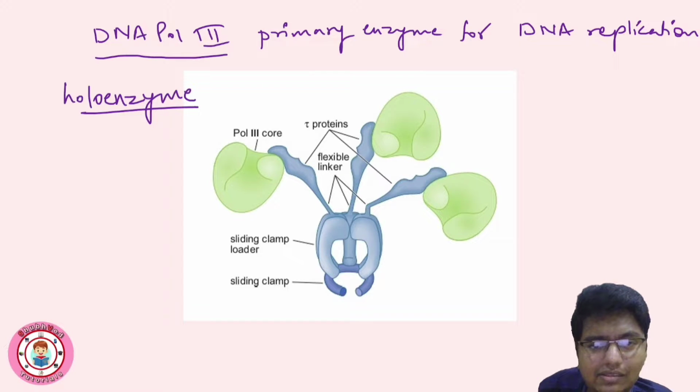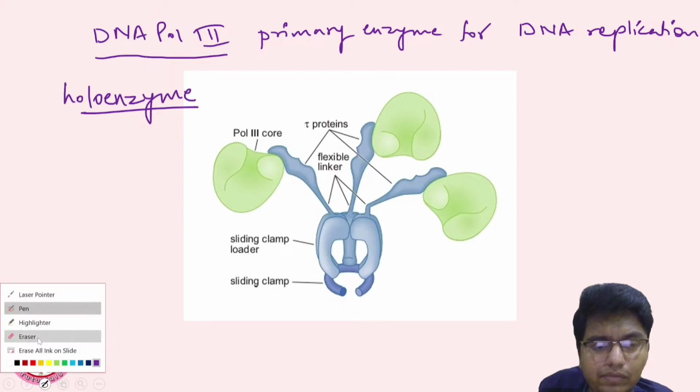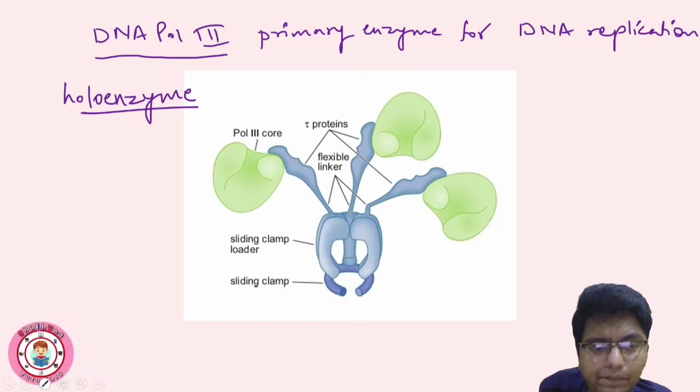This is the structure of a DNA polymerase 3 holoenzyme. We can see three core enzymes associated. This is Pol 3, the first core, this is the second one, and this is the third one. These are joined by other proteins. This is a linker, we can say tau proteins. Tau is a flexible linker.